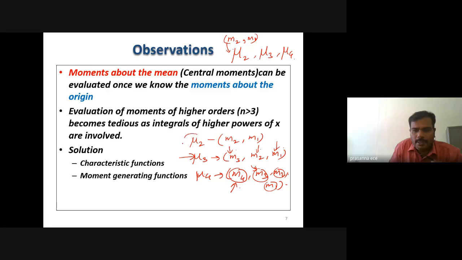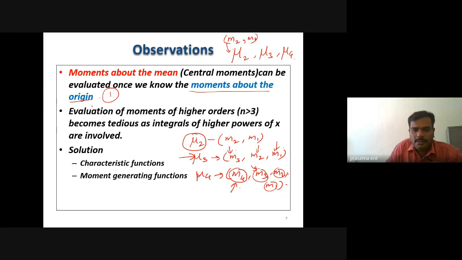To evaluate any mu, you need the same number of small m and the lower ones. For mu3 you needed m3, m2 and m1; for mu4 you needed m4, m3, m2, m1. So we need the knowledge of all the moments about the origin at the same level and below.